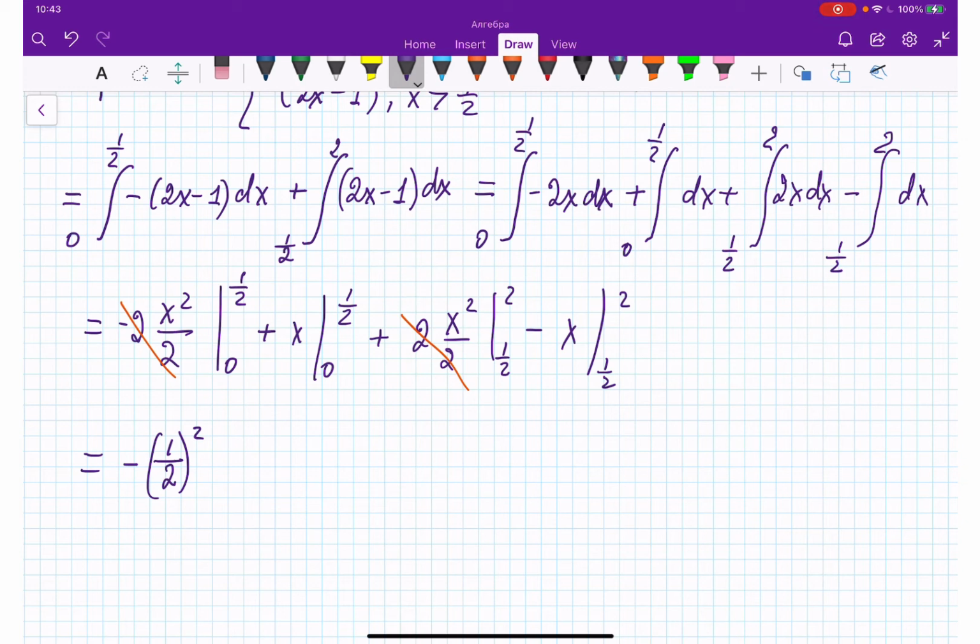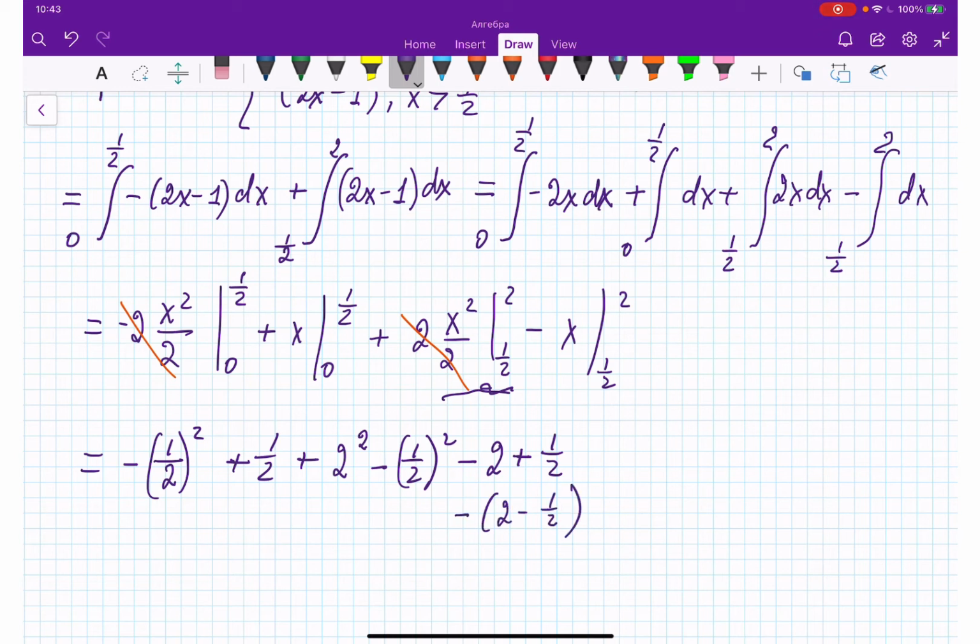Plus 1/2 minus 0 again. Plus 2 squared minus (1/2) to the power 2. And minus (2 minus 1/2), I just open parentheses right away.